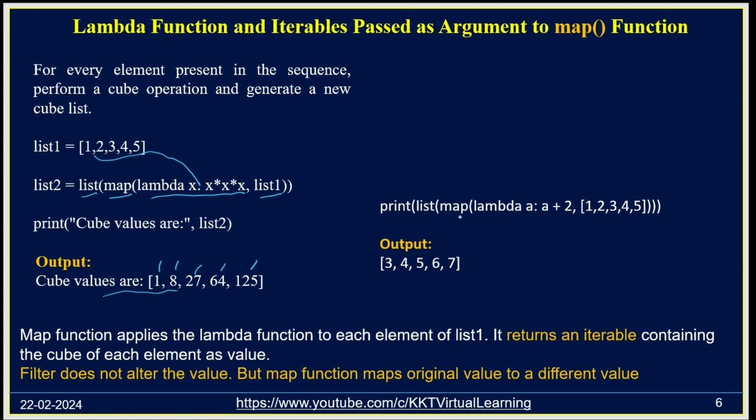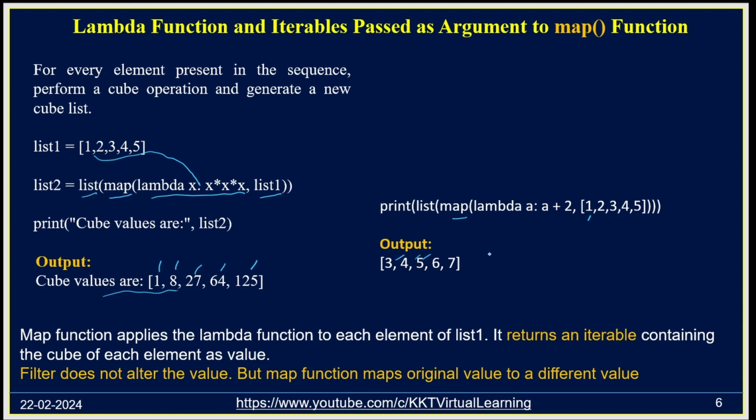In the same way, map can be used here to add 2 to each number in the list. So from this list, 1 is taken, 2 is added, and that is returned as 3. So 2 plus 2 is 4, 3 plus 2 is 5, like that. See, the main difference between filter and map is that in the case of filter, the values are not altered.